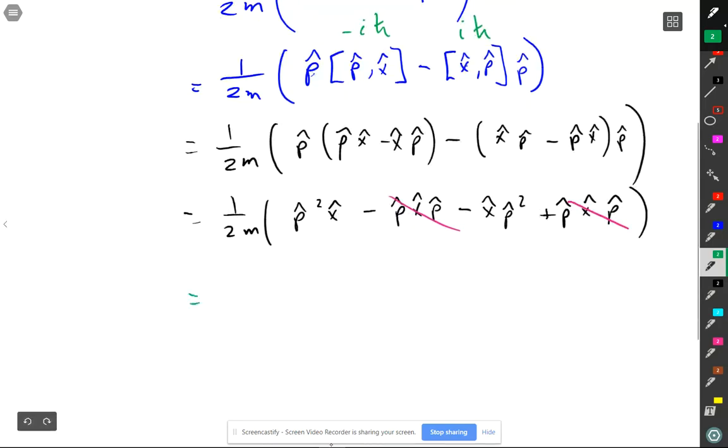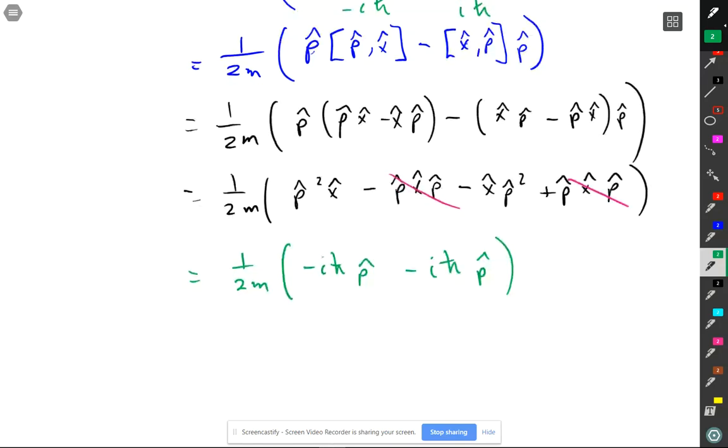And so our commutator is equal to 1 over 2m times minus i h bar p hat minus i. Hey, wait. That is 0. No, it's 2. That's 2i h bar. Minus and a minus does not add to 0, it turns out.